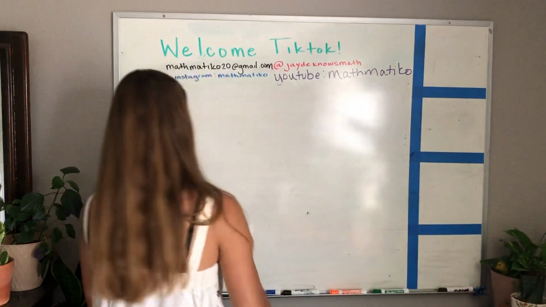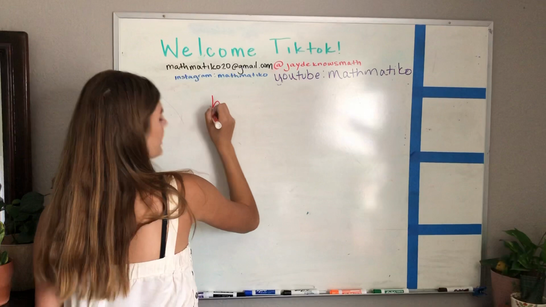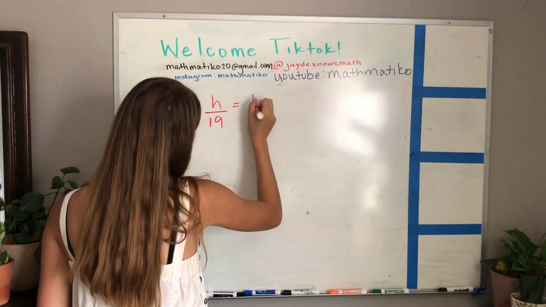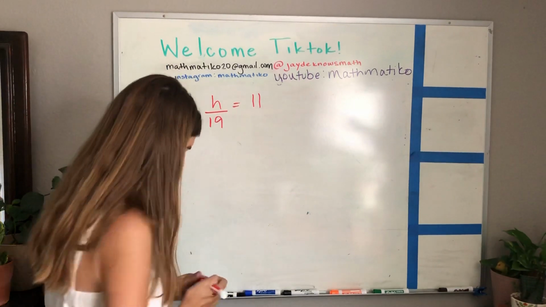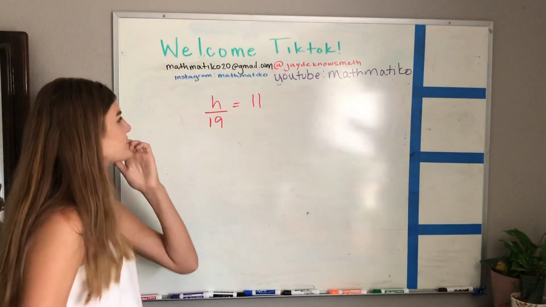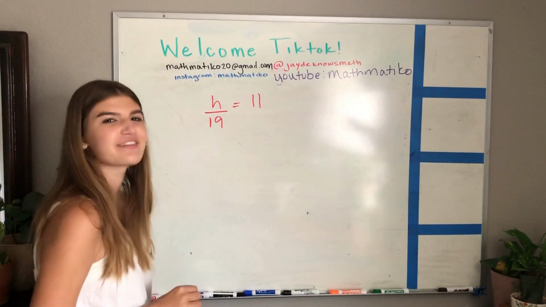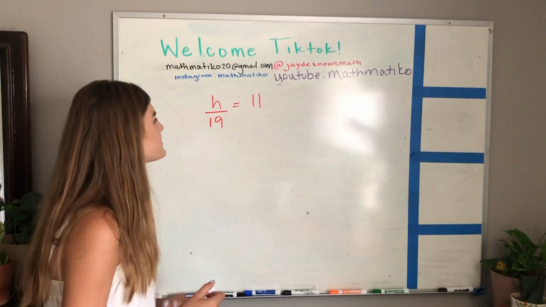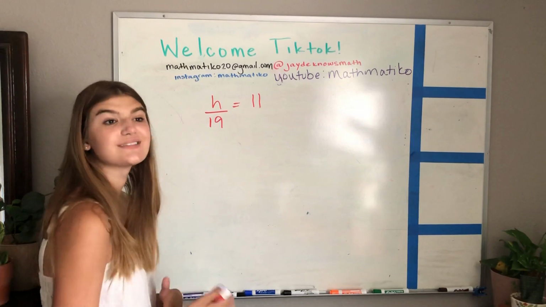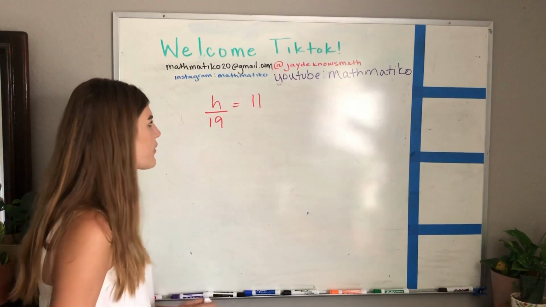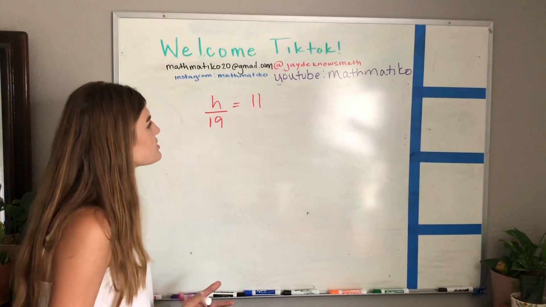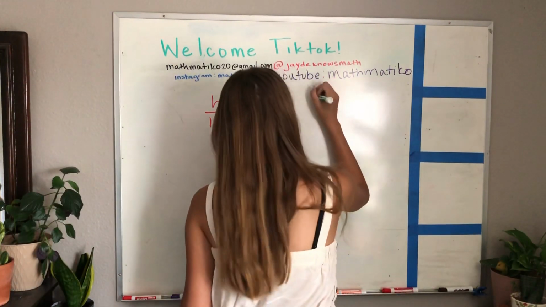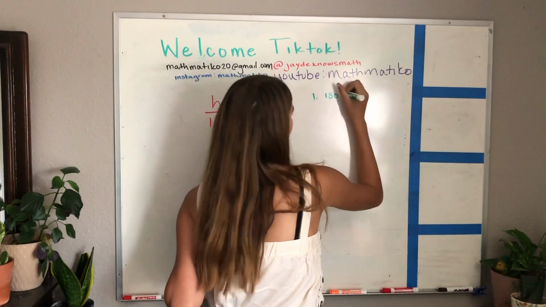Our next problem is going to introduce us to algebra and pre-algebra. Alrighty. So we first see that we have a letter all of a sudden. Where did the letter come from? Well, the letter is a variable. What a variable is, it represents a number that we don't know yet, okay? So the first thing we need to do when we see this problem is isolate the variable.